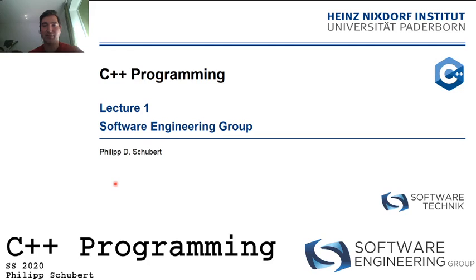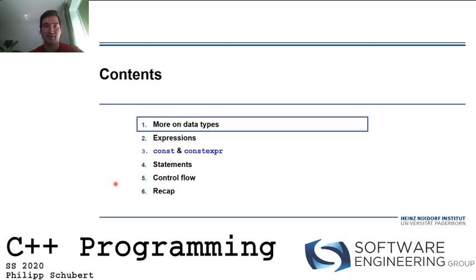So what are we going to talk about today? Today we will continue on data types. I will present one very important data type to you that you need in order to solve various tasks.